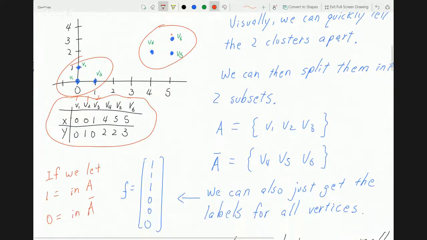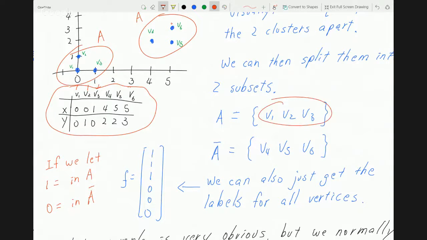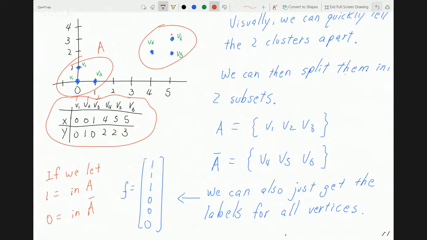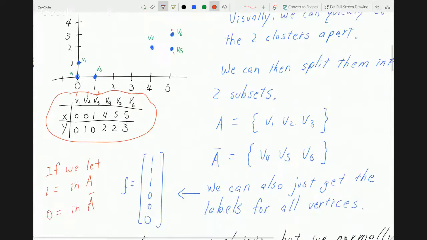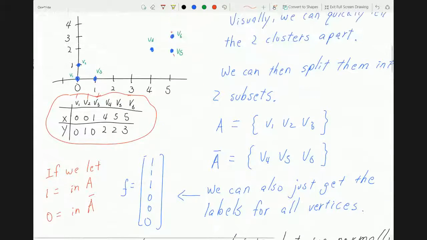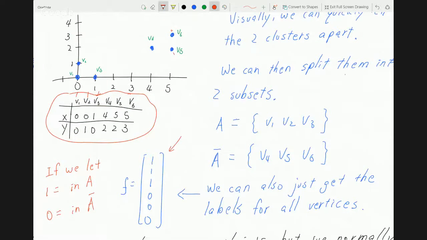One subset could be A, and then A naught. A will be 1, 2, 3, and A naught will be 4, 5, 6. So it's very easy to split them into subsets. Once we have the subsets, we can label each point.